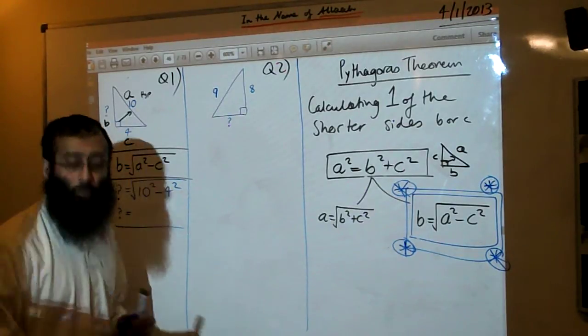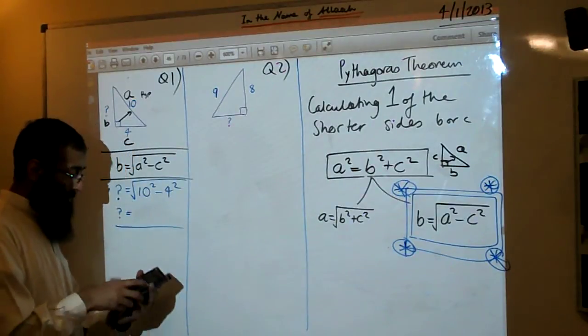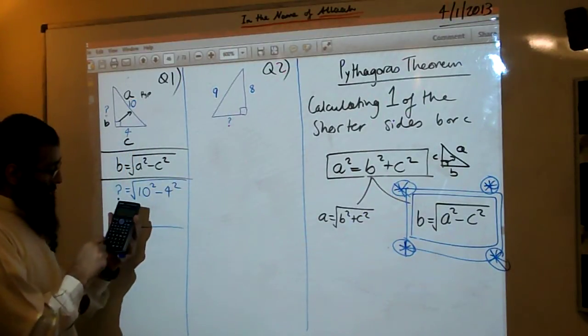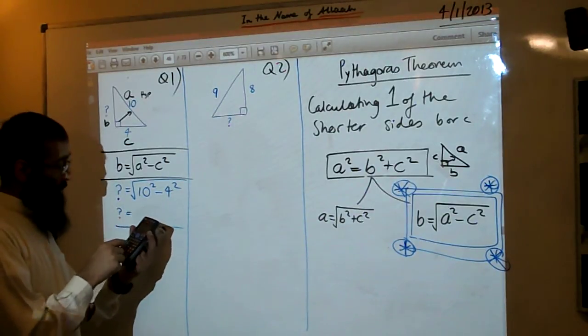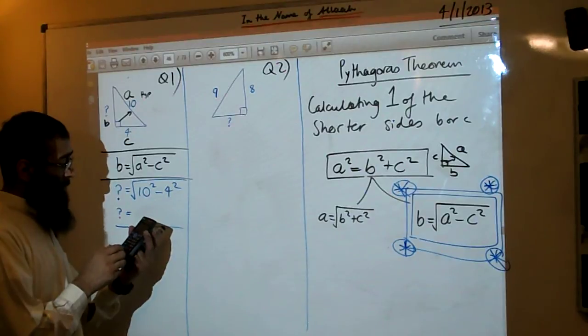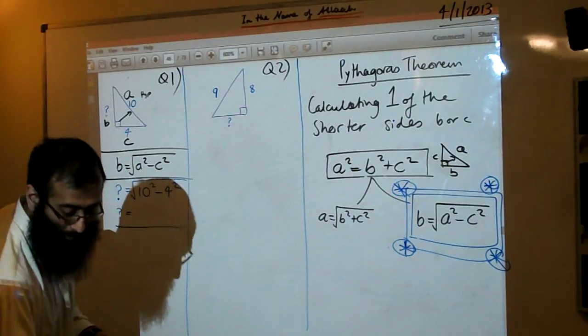What we need to do now is use the calculator. So square root of 10 squared minus 4 squared equals 2 root 21. Press SD for 9.165.